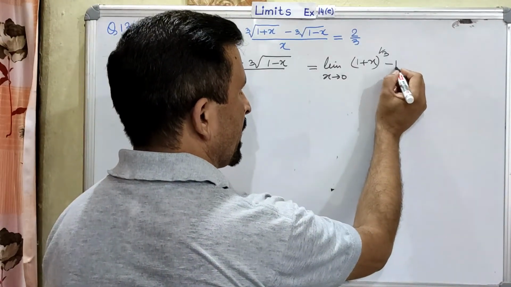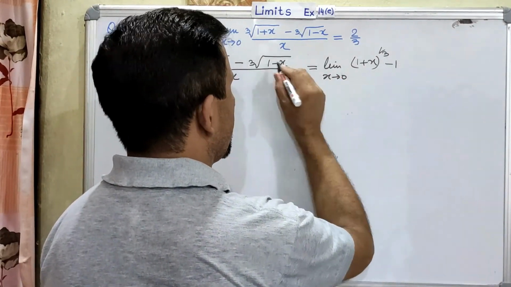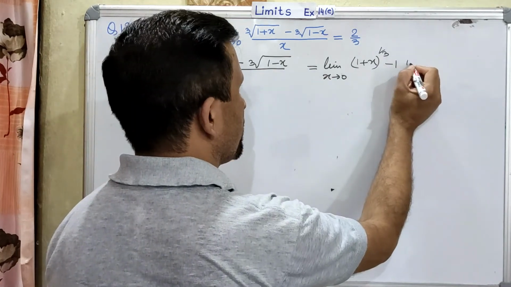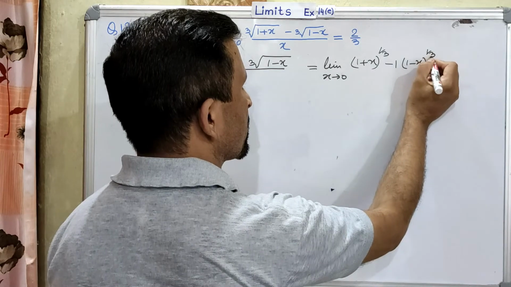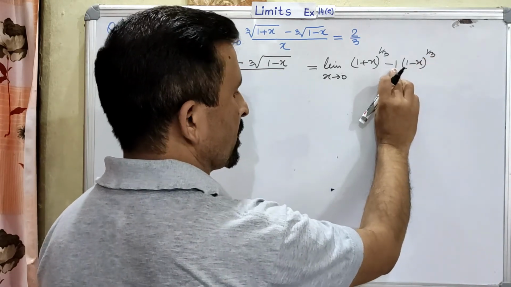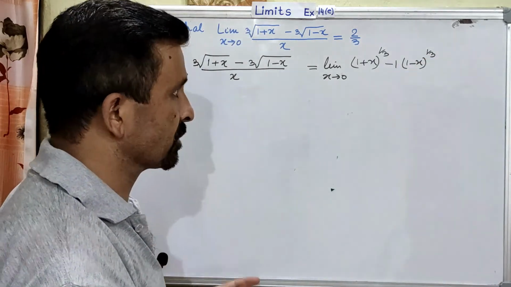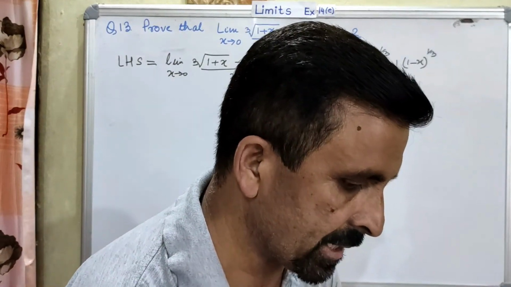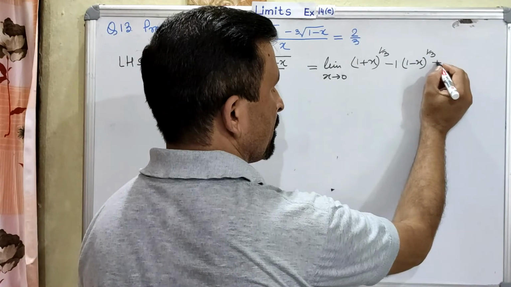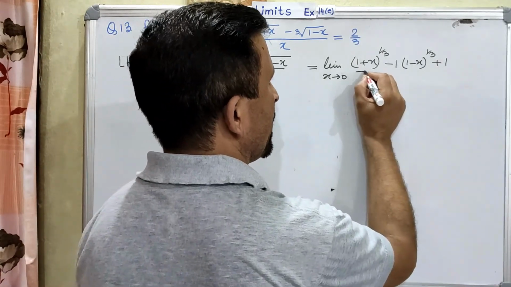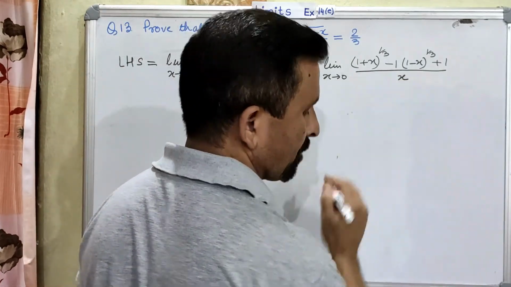Then I am adding minus 1 here. Then I am writing the second term, 1 minus x whole to the power 1 over 3. Now since I have introduced minus 1, I will also introduce plus 1. So this is plus 1. Clear? And then divided by x.